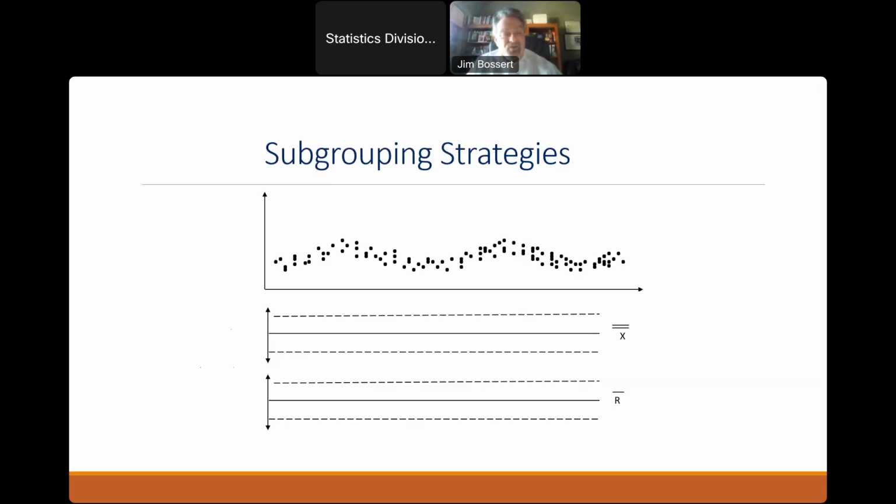So here's one process. Now this is kind of interesting. If you look at it, we have what I call a snaky line. Depending on where I look at this, the range within each subgroup really is not changing much. So it doesn't matter where I pull it in terms of the within group variation. What does make a difference is where I pull the samples in terms of time.